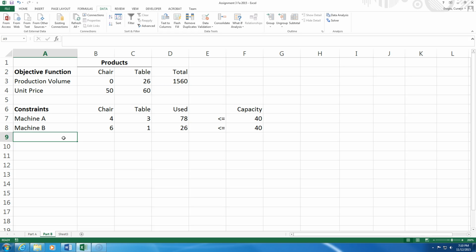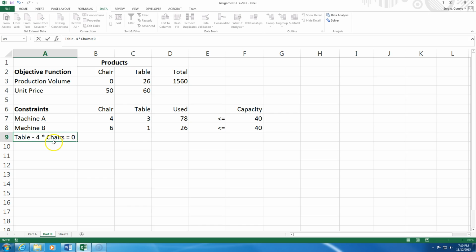Okay, so let's add a constraint that says the number of chairs should be 4 times the number of tables. Let's add that constraint, and that constraint will be number of tables minus 4 times chairs equals 0.